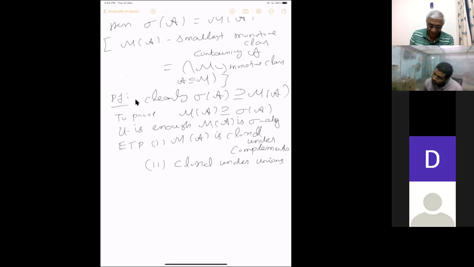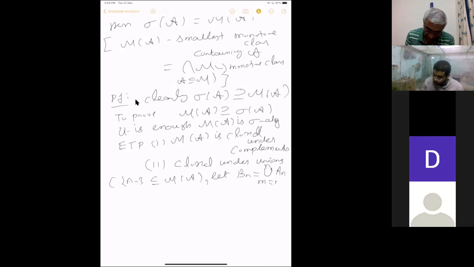If you have any countable union, then you can write it as an increasing union, of course. So let A_n be anything contained in M(A), and let B_n equal the union of A_m for m equal to 1 to n.